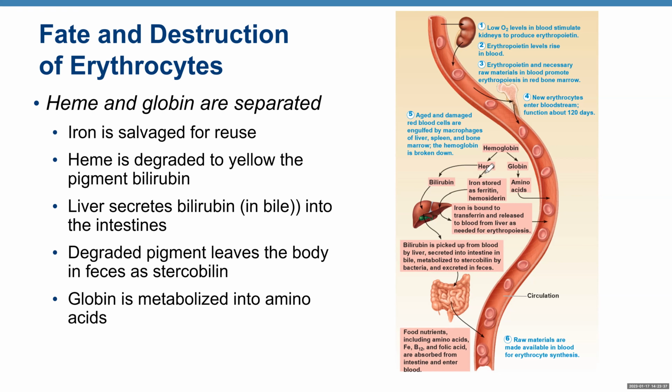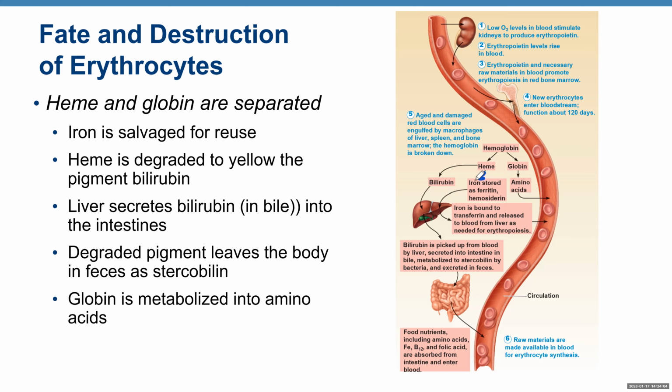Now, iron from heme is stored as ferritin and hemosiderin, so those are chemicals that store this iron. Then iron is bound to transferrin and released to blood from liver as needed for erythropoiesis.